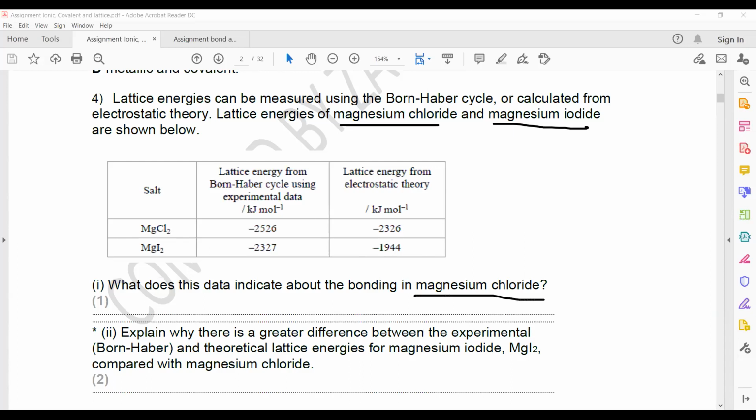From this data, how can you show it? Because you can see that there is a difference in the lattice energy. The lattice energy by electrostatic theory and by Born-Haber are different from each other, a greater difference. So what this data shows is that we call it ionic bonding, but we will not say it is 100% ionic.